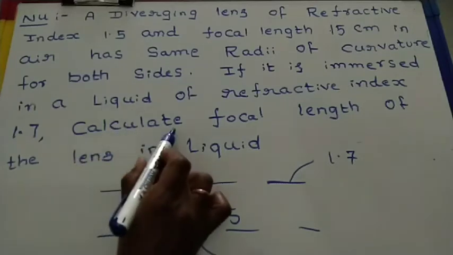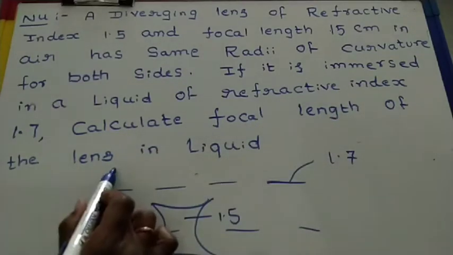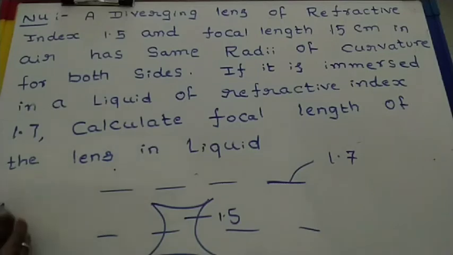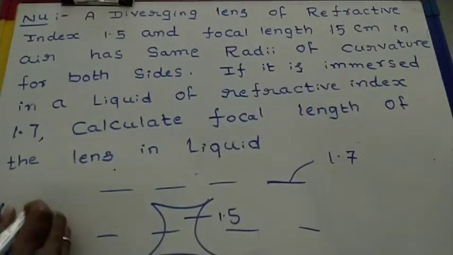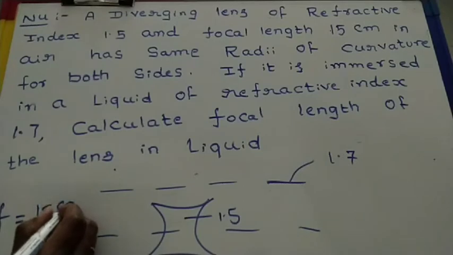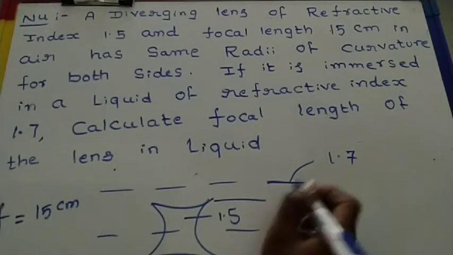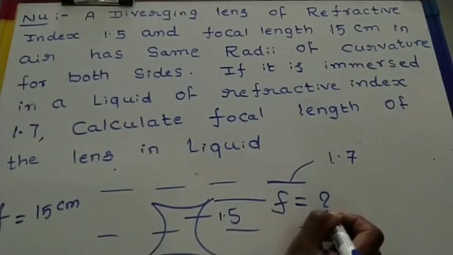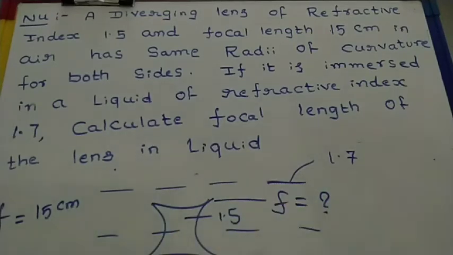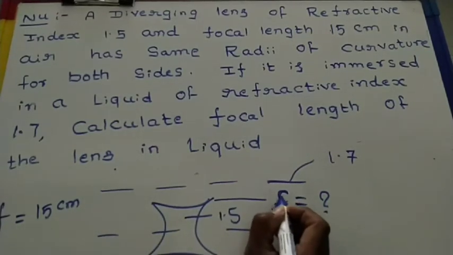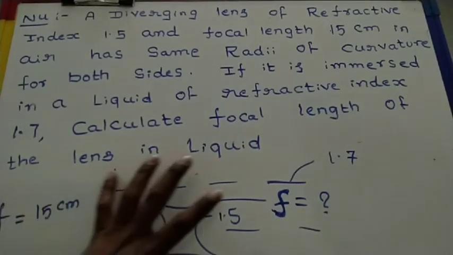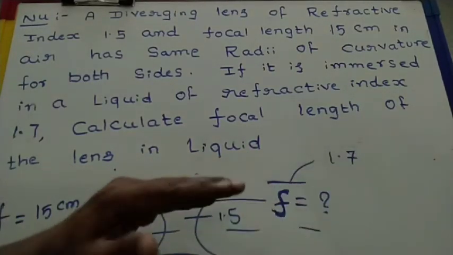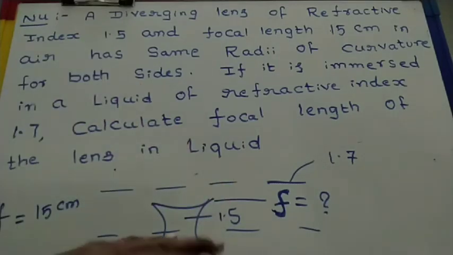Now calculate the focal length of the lens. Previously, what was the focal length? 15 centimeters. Now, at present, what is the focal length? Question mark. This is what the examiner wants. Whatever data I displayed here, you have to imagine in the examination hall. Now, I am going to solve slowly. Please observe carefully.